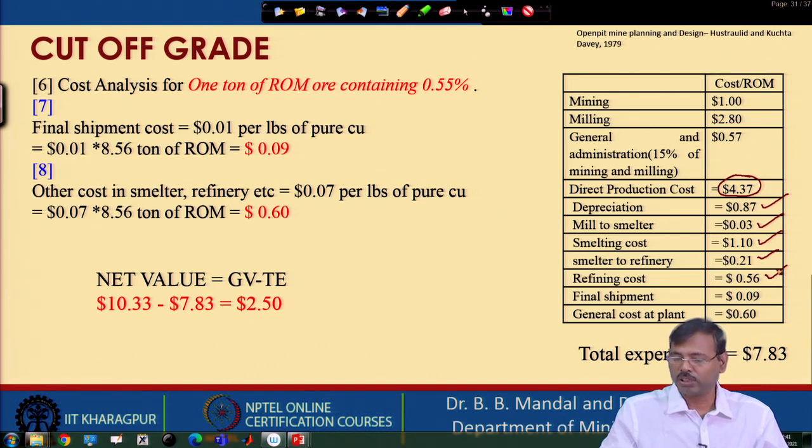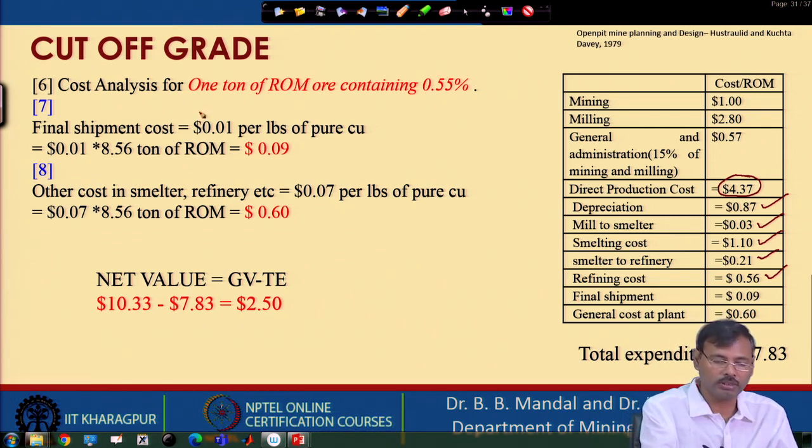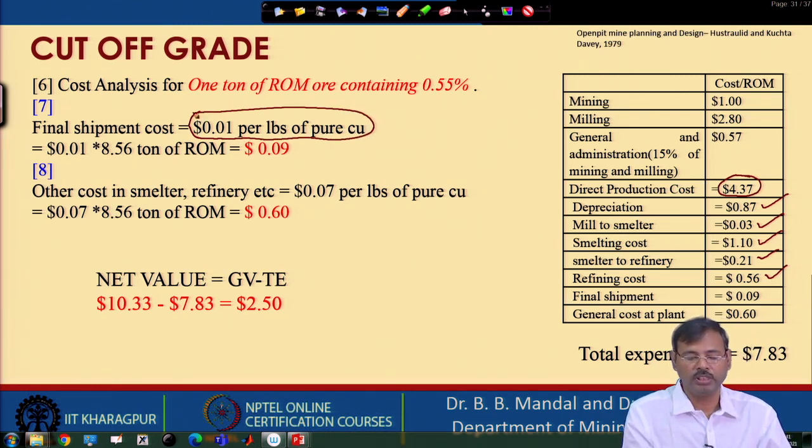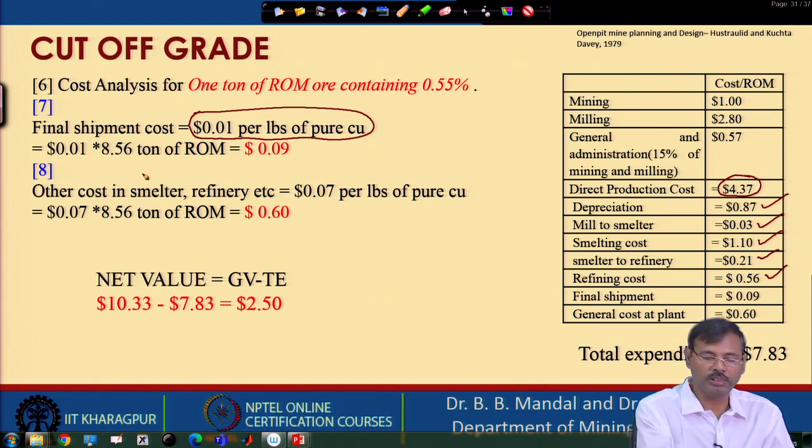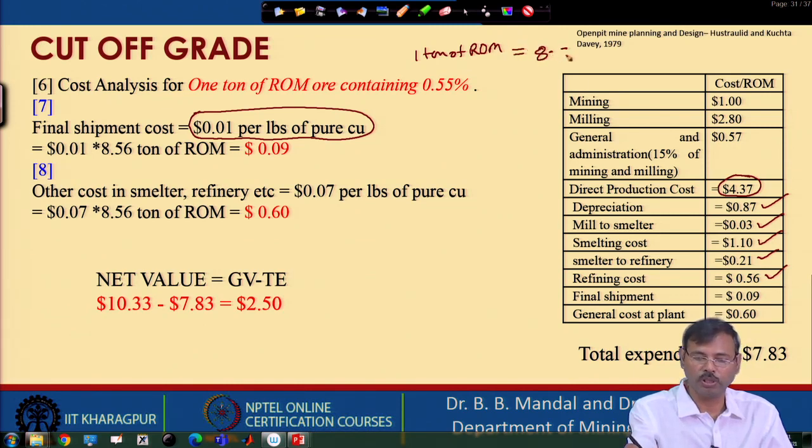But after the production of the pure copper in the refinery, we have to finally send that to the market. So, the final shipment cost is considered as $0.01 per pound of pure copper as the transportation cost, and that means from 1 ton of ROM we get pure copper of 8.56 pound.